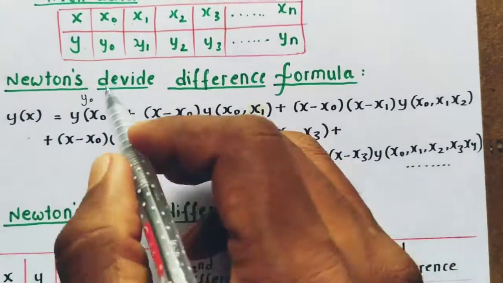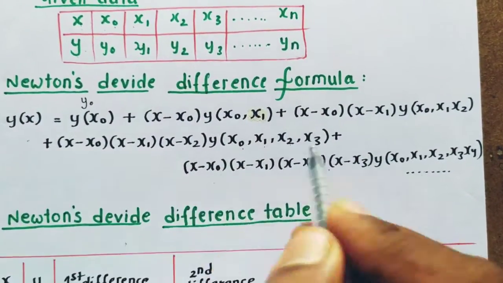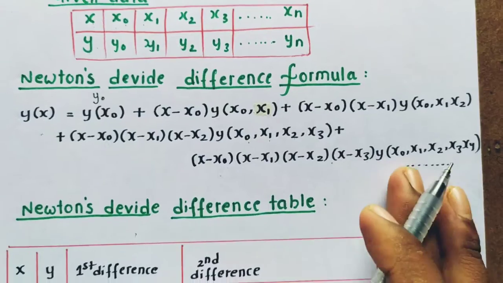This is the formula for finding an unknown function.